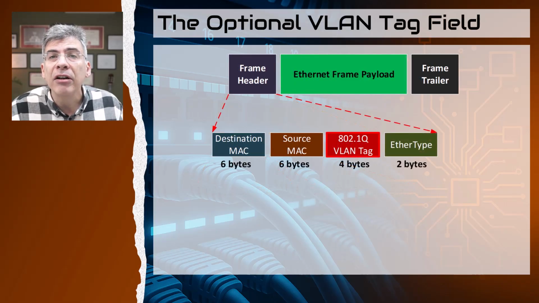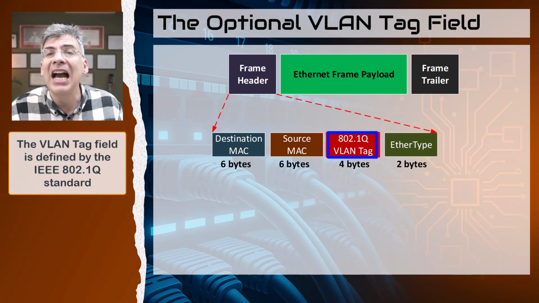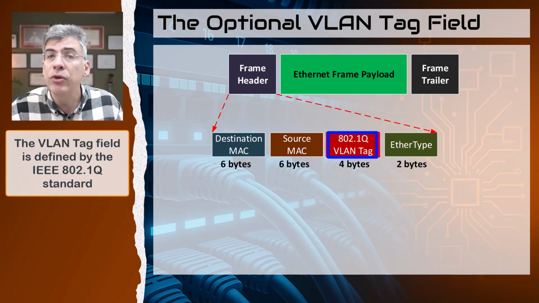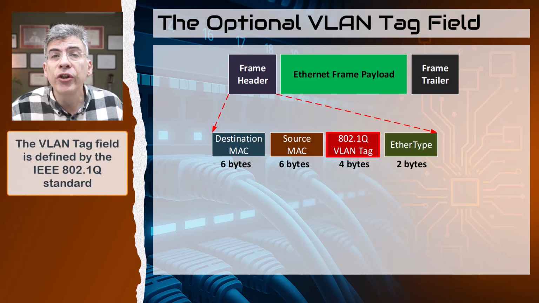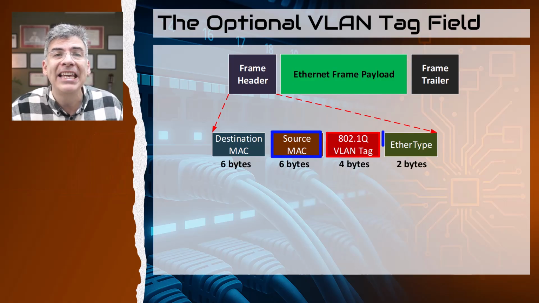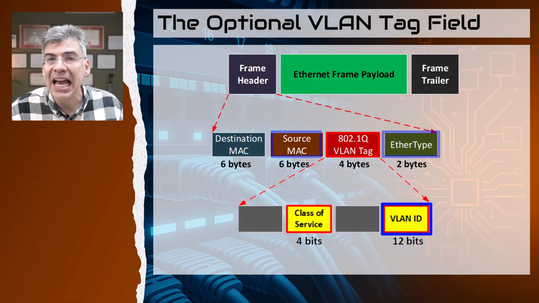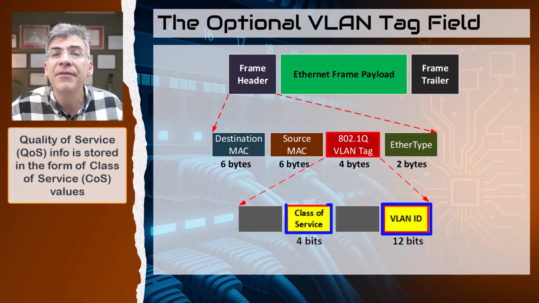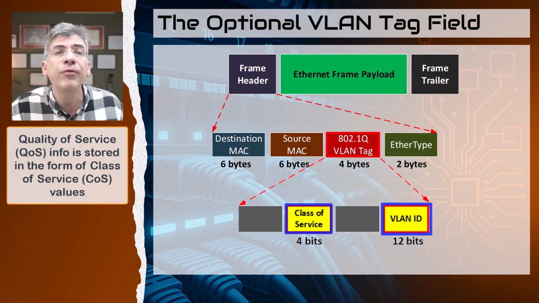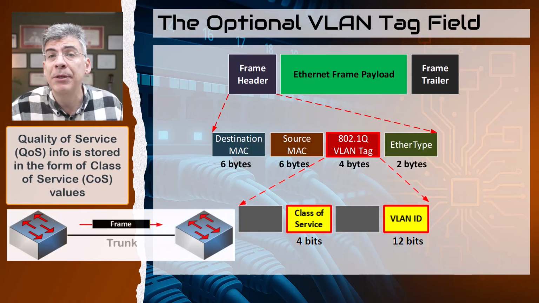Now, one more thing I'd like to share with you before I go. The frame header can also have an additional optional field called the VLAN Tag. This is defined by the IEEE 802.1Q standard. This field is inserted between the source MAC and the EtherType fields. The field contains VLAN ID tags as well as quality of service information, all of which are used on trunk links between switches.